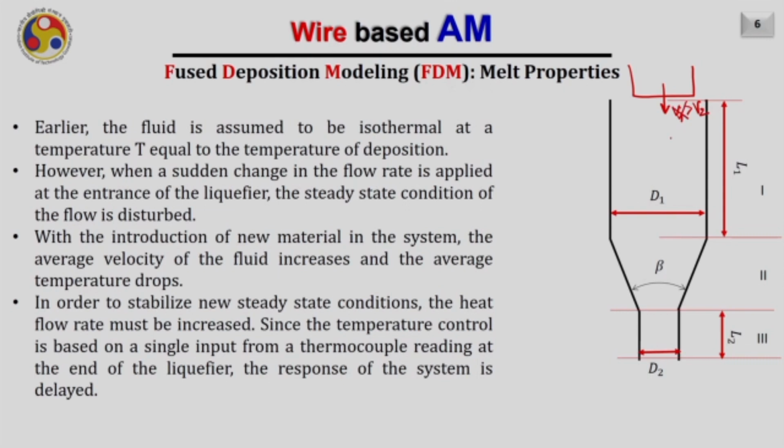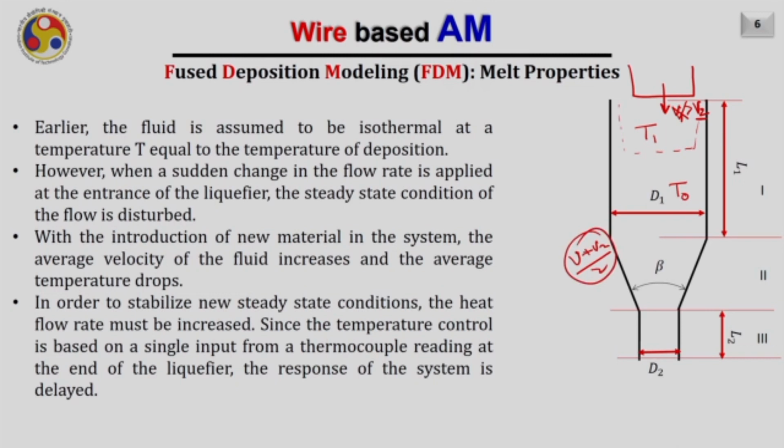So, what will happen? There will be some more portion in the region which will have some temperature T1 less than the earlier temperature T0. With the introduction of new material in the system, the average velocity of the fluid will also increase, because now this velocity V2 is there and earlier the average velocity was V1 or V. Now the average velocity will be (V plus V2) by 2.